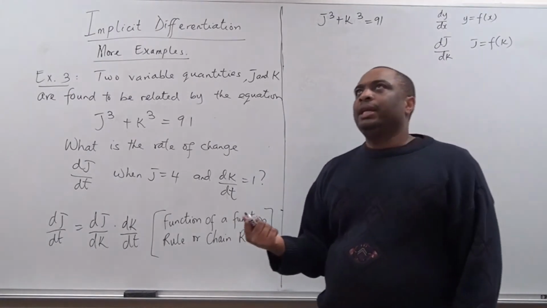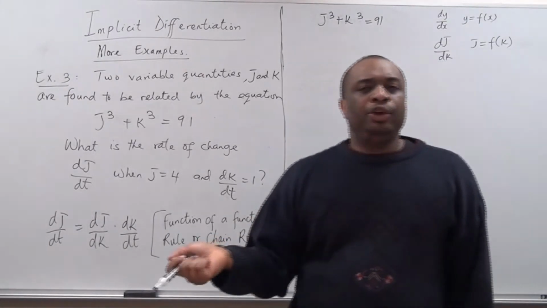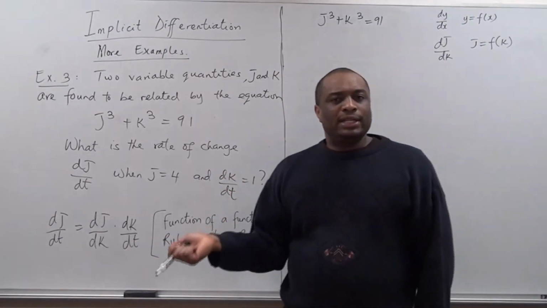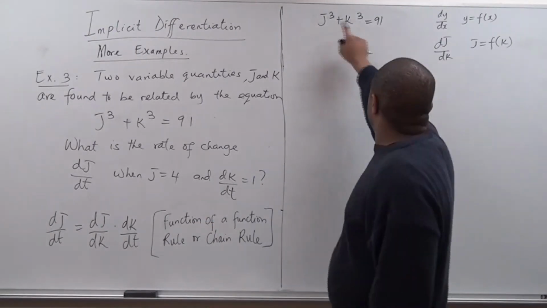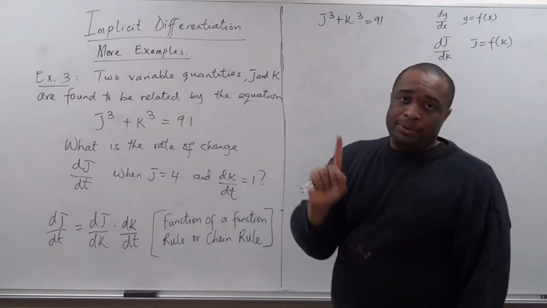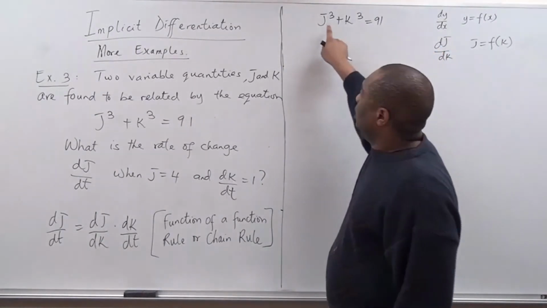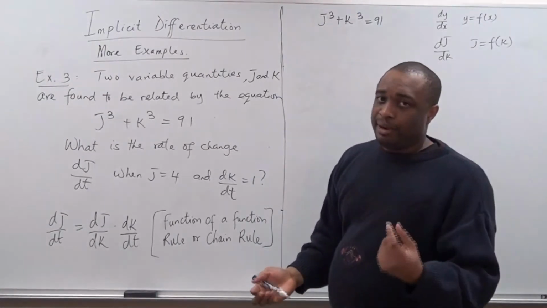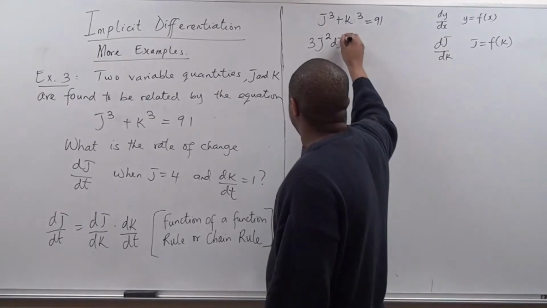When we differentiate y cubed with respect to x, it gives us 3y squared dy dx. So if you differentiate j cubed now, because j is the dependent variable, you have to be careful about this. It will not give you only 3j squared. No, it's going to give you 3j squared dj dk.